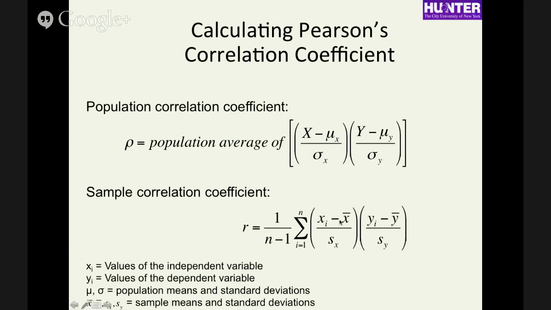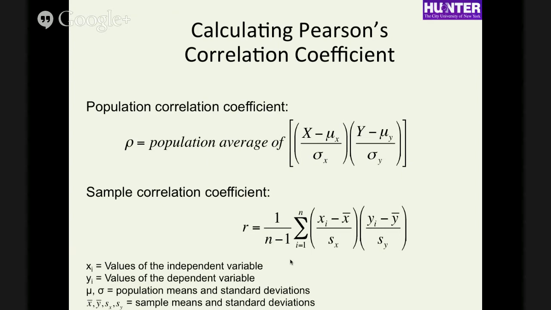And to calculate it from a sample, it's almost the same thing, except for this factor of n minus 1, which was like when we were calculating the standard deviations. That's the degrees of freedom rather than just the sample size. So that's how you calculate it. Maybe you'll calculate it by hand in the lab.